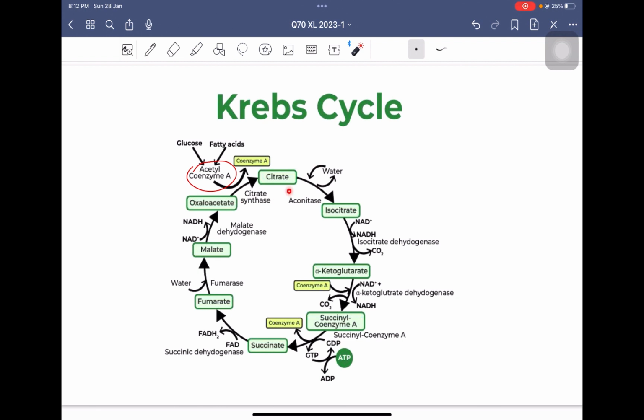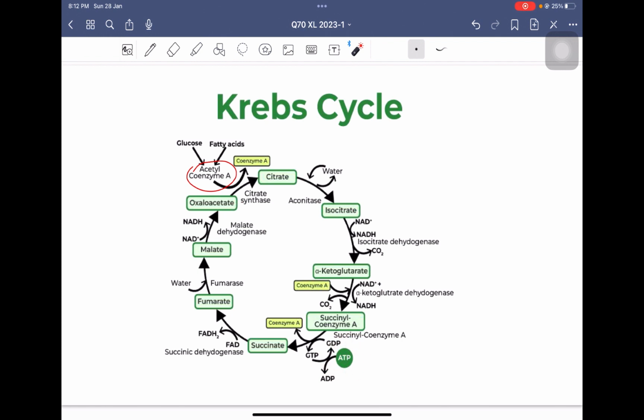Now sequentially citrate will be converted and then finally it will come back to citrate again, which is why it operates cyclically, which is why it's called a Krebs cycle. And in this process there will be lots of energy equivalents produced, like NADH, FADH2 and also ATP.